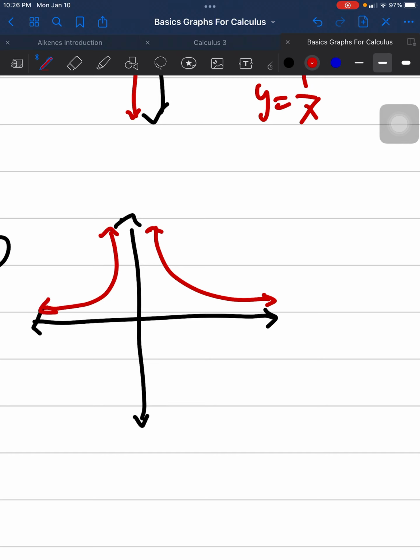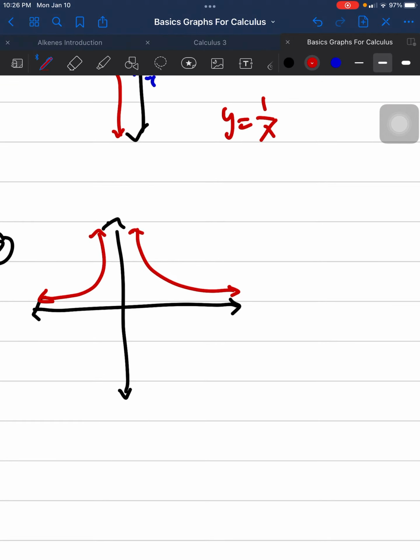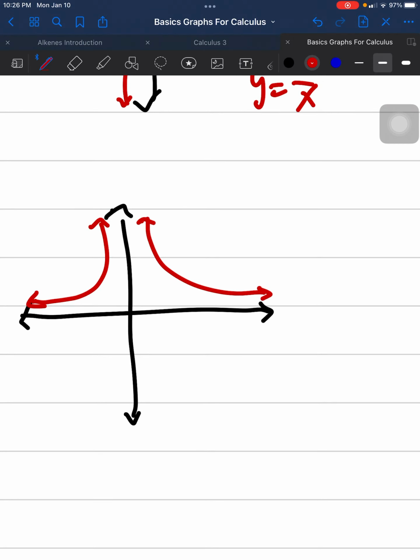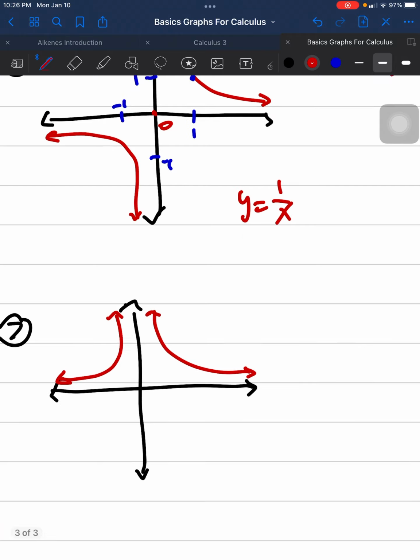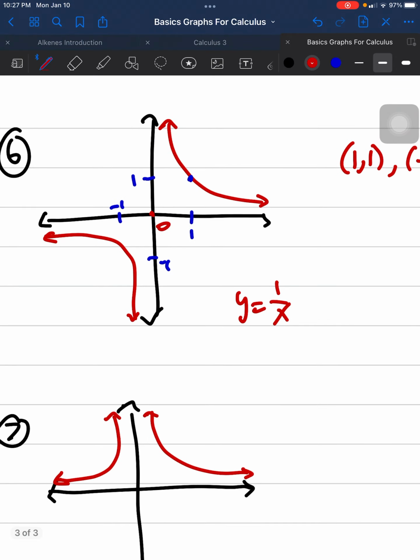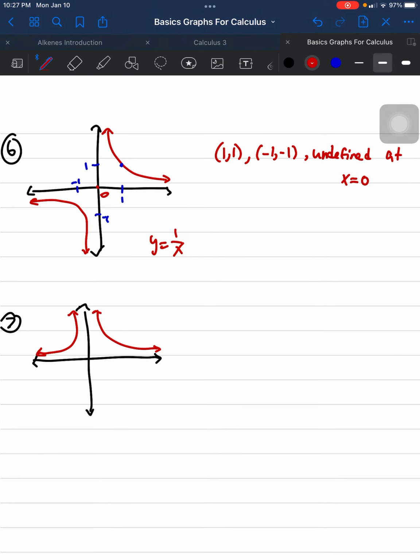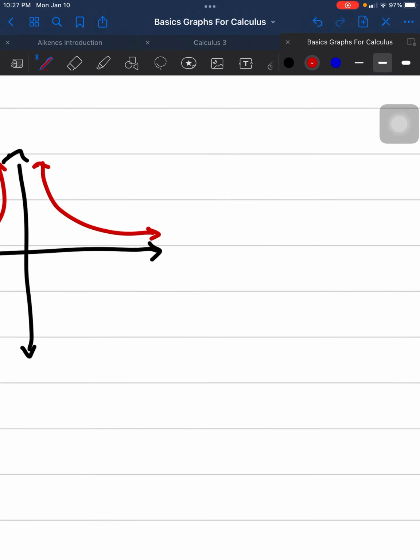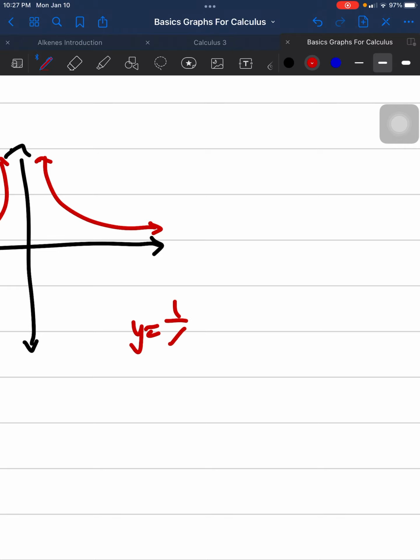And once again, it has asymptotes at x equals 0, y equals 0. The only difference is that it's in the first and the second quadrant, and in 1 over x, the graph is in the first and third quadrant. So this is y equals 1 over x squared.